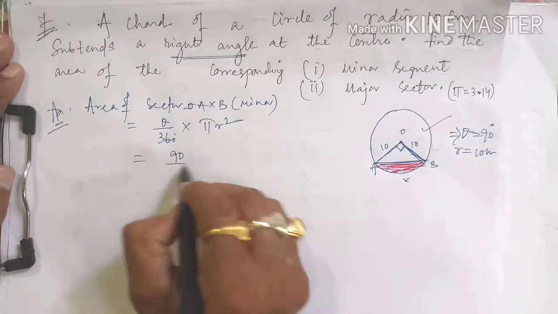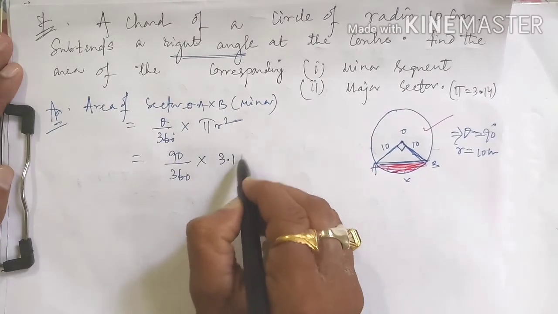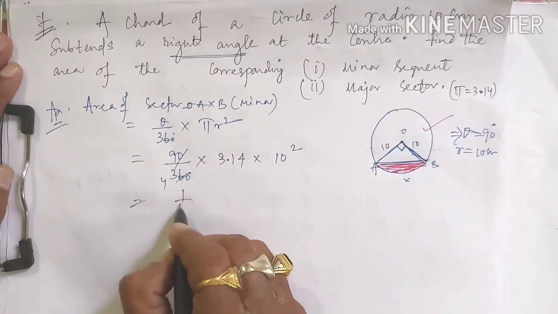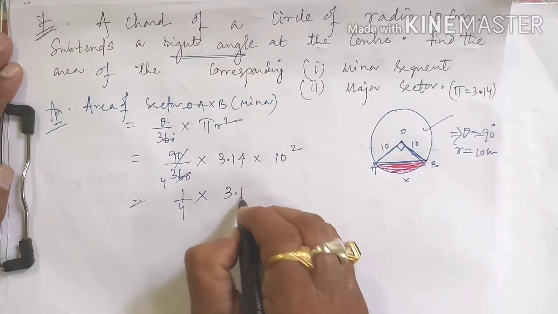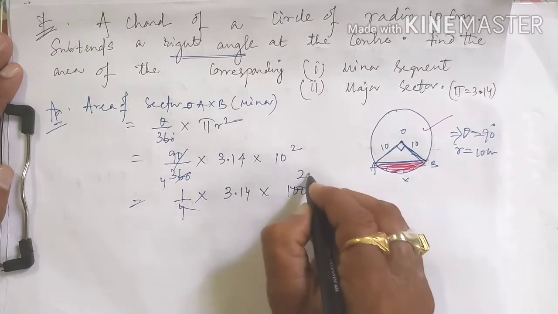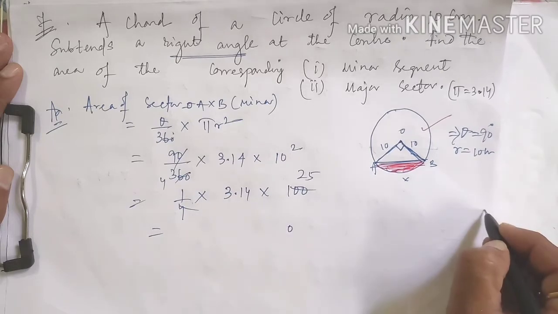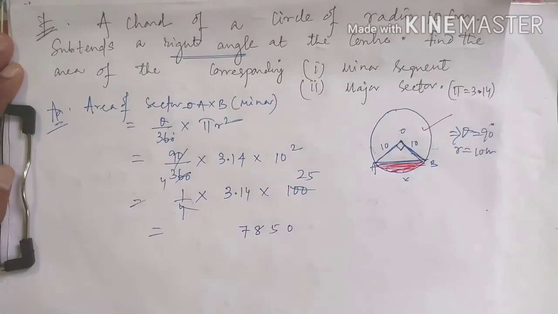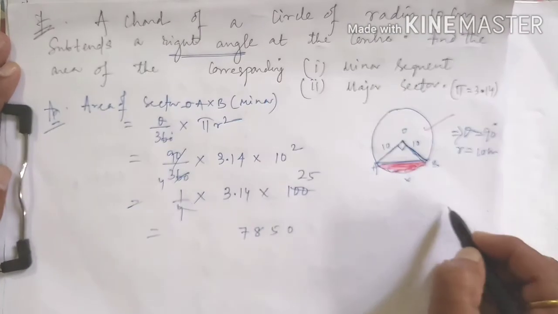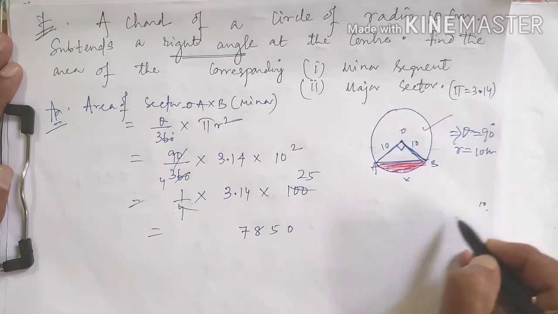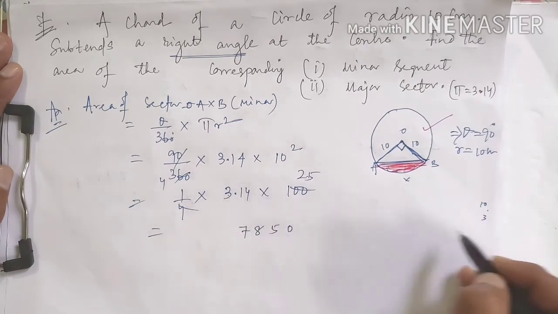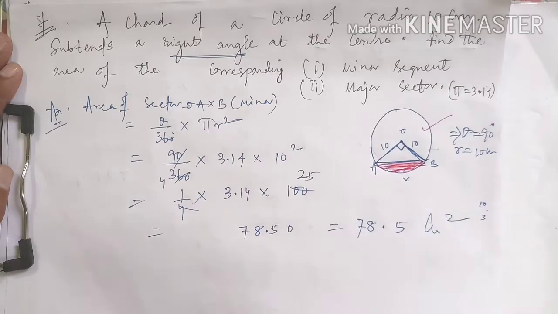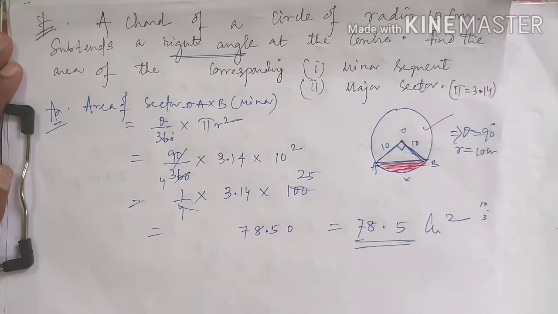So theta is 90 by 360 into 3.14 into 10 square. 1 by 4 into 3.14 into 100. 78.5 square centimeter. Now this is the area of the sector.